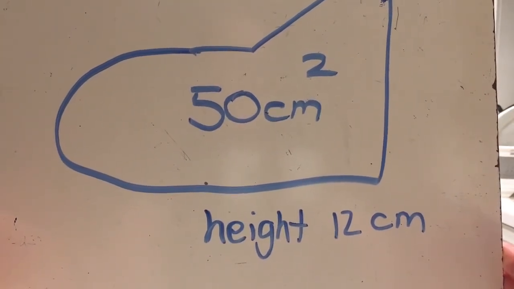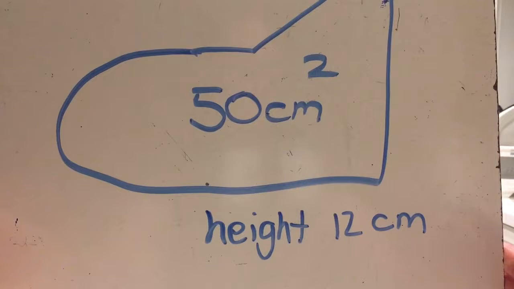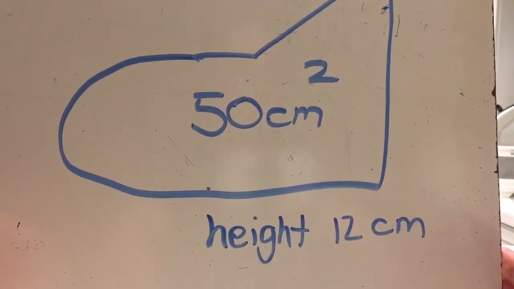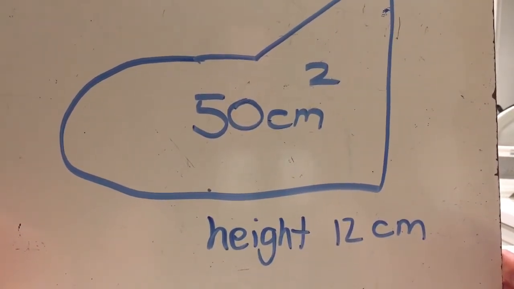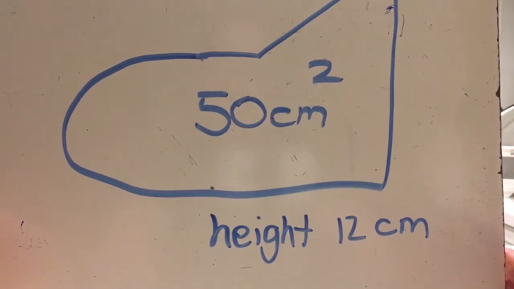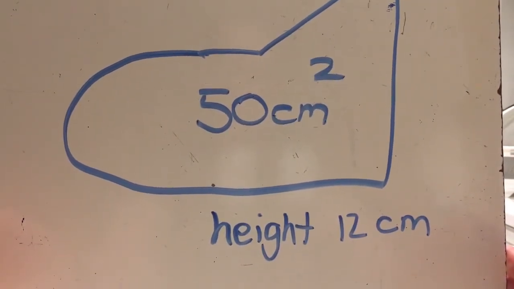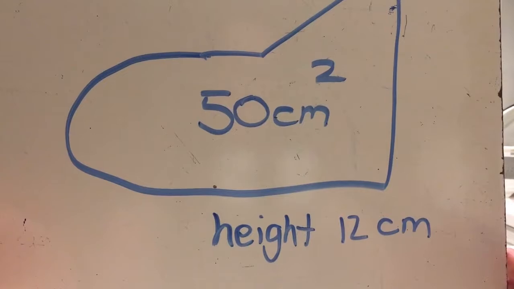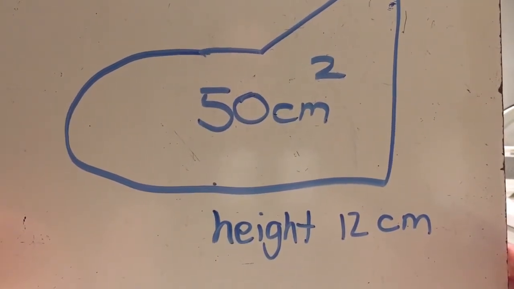So here we have a very weird shape for the base, but that's no big deal because we have been given its area already. It is 50 centimeters squared, and then the height of the figure is rising up off that base 12 centimeters.